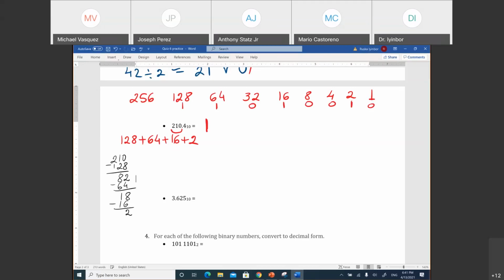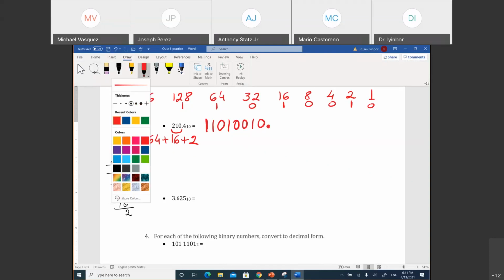So that's my binary number: 1, 1, 0, 1, 0, 0, 1, 0. Everybody understand that? So 210 is the number 1, 1, 0, 1, 0, 0, 1, 0, and you need to put the decimal point. And then after that, you need to do 0.4.